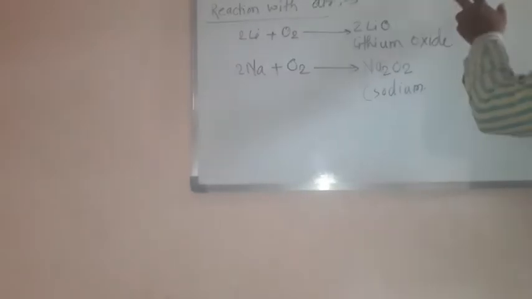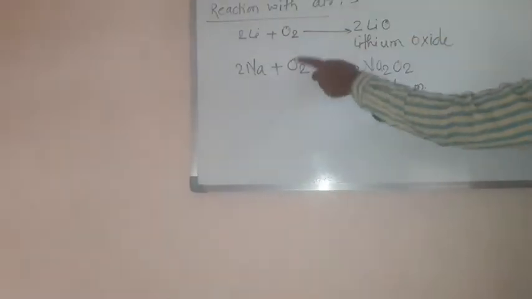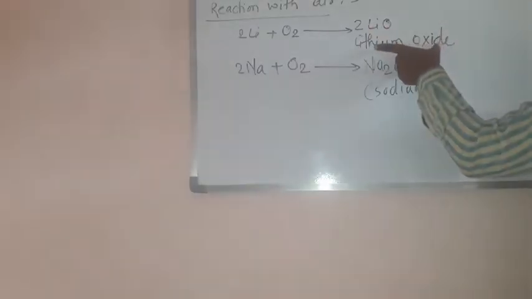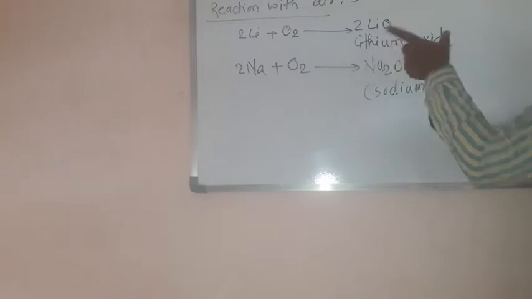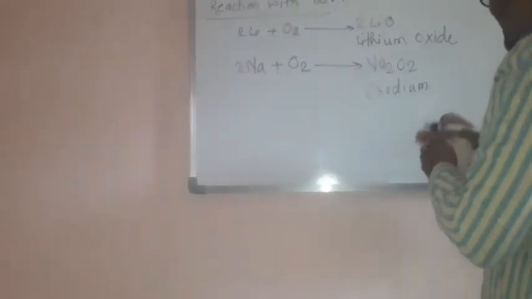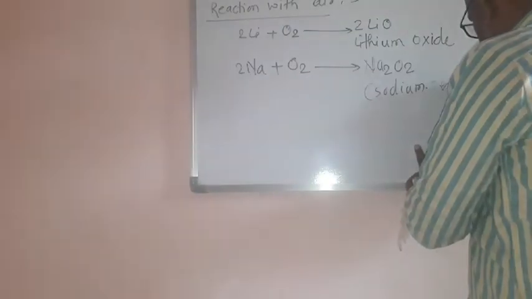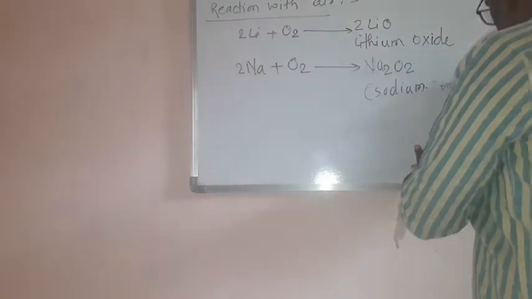I already told you that when alkali metals or alkaline earth metals react with the air, sometimes they give an oxide, sometimes a peroxide, such as sodium peroxide.